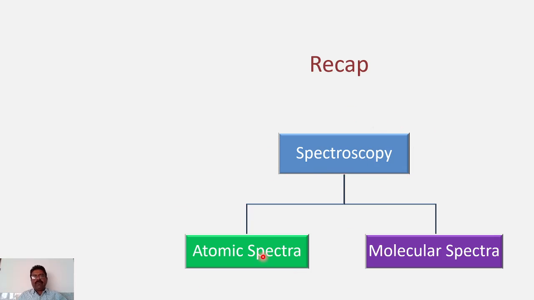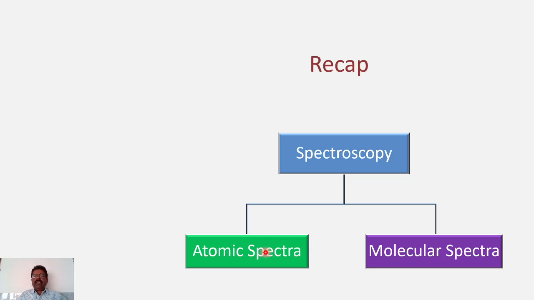Atomic spectra part we have already completed. So in the beginning we have studied the atomic structure, then we have seen the spectra of the one valence electron system, that is both hydrogen and sodium. Then next we have also studied the spectra of two valence electron system, where we have studied the spectra of helium.